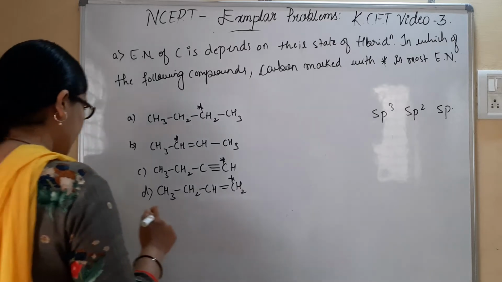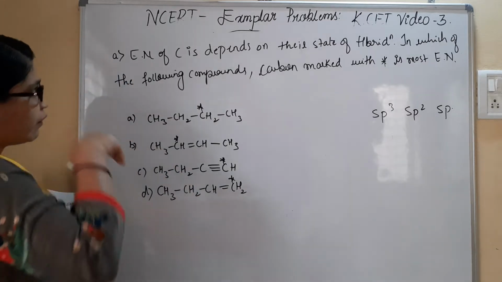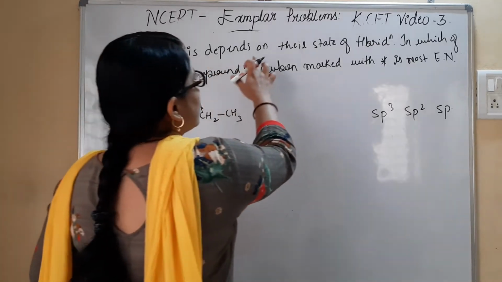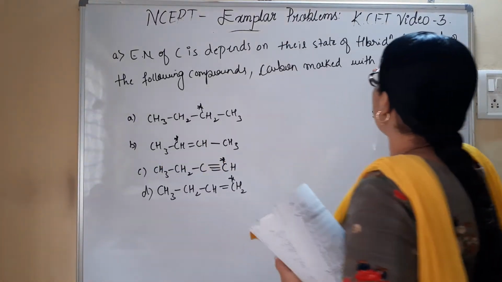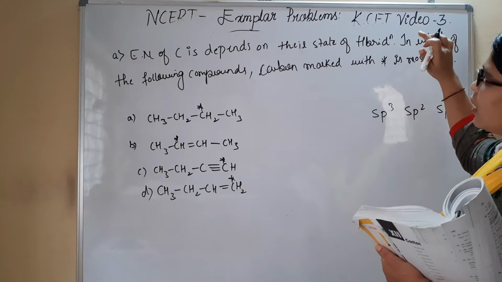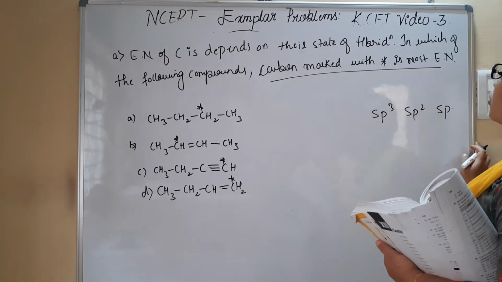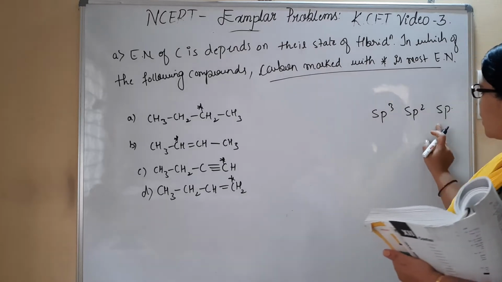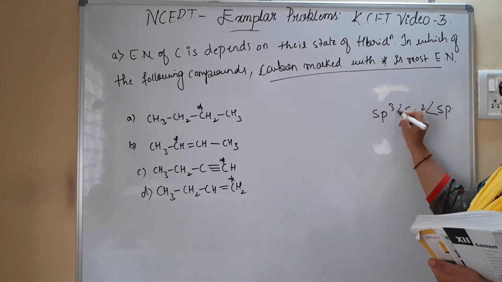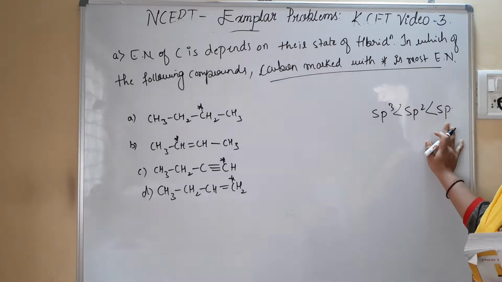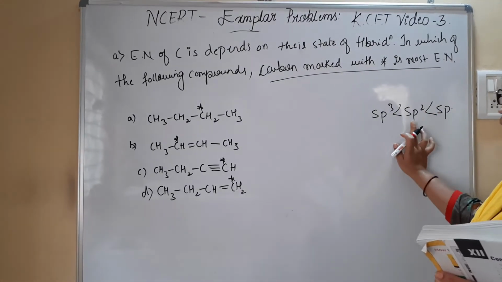Out of these four options, we have to find which carbon is most electronegative. Electronegativity increases with s character, so the sp hybridized carbon atom will be most electronegative, and sp3 is least.